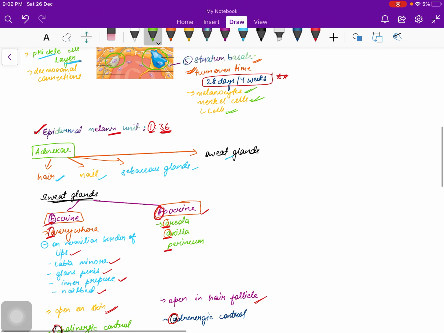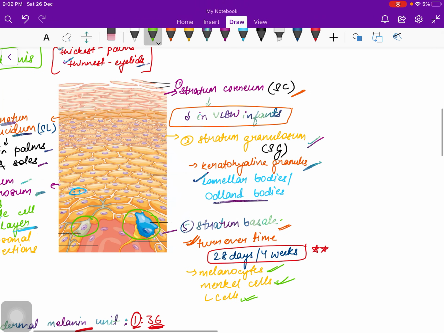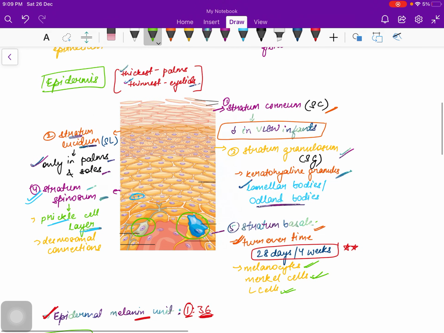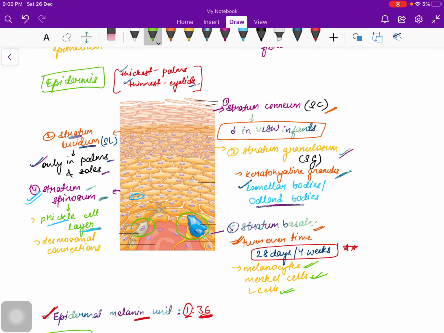Also, I forgot to tell you one thing here. You have to remember the sequence of the layers, the way they are arranged in epidermis. So from upwards to lower, just remember what used to happen to us many a times when we used to attend UG classes, especially morning classes. We used to go late and then we used to come back because the gates were closed.